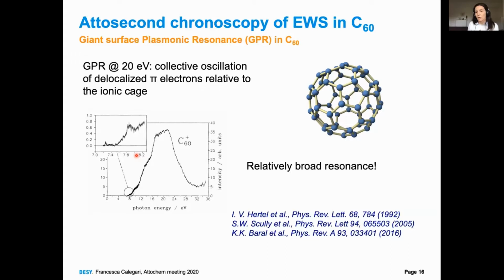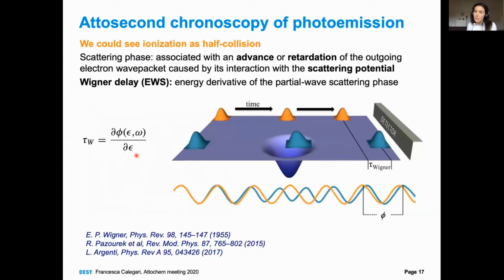Something that we wanted to see was the signature of the presence of this resonance, so this collective motion of electrons, in the photoemission. It is indeed possible to track with attosecond technology the presence of resonances by measuring photoemission delays.